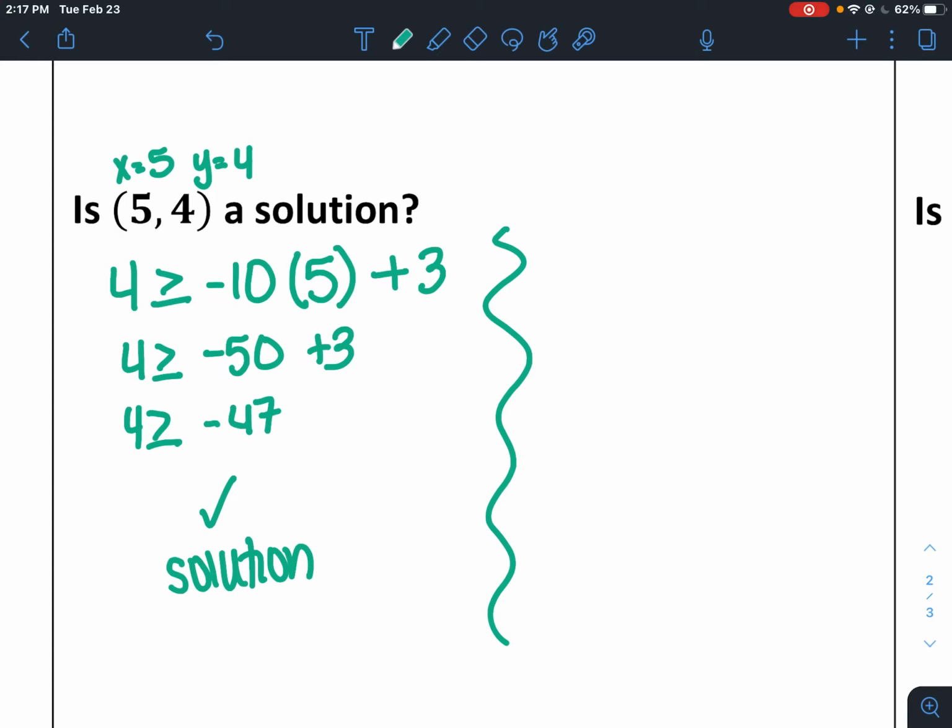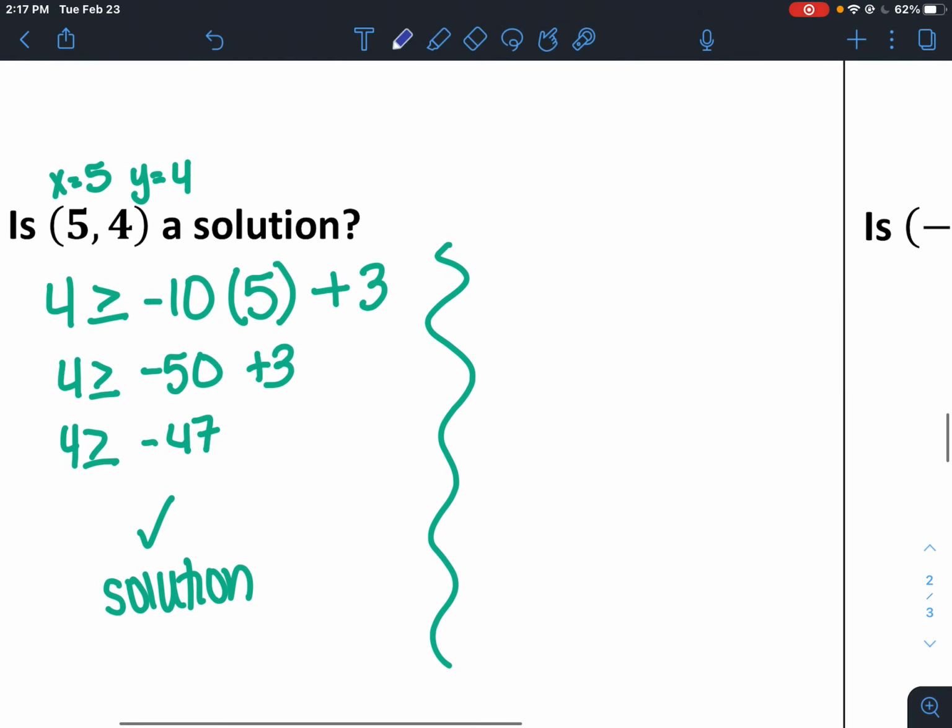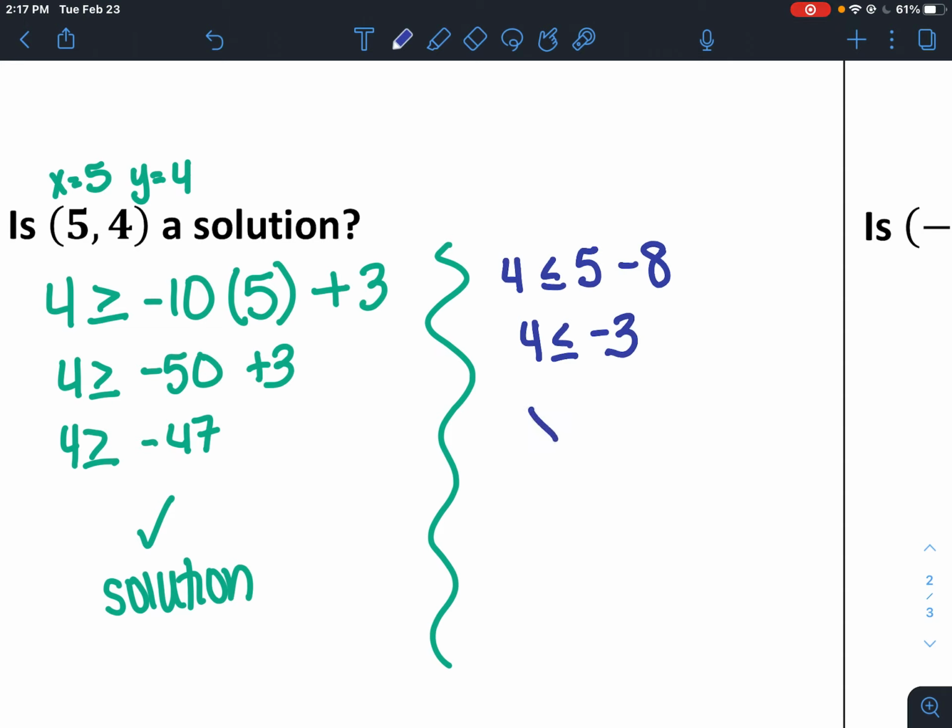Okay, let's look at the other inequality. Again, x and y are the same, so we'll plug in y, which is 4, is less than or equal to x, which is 5, minus 8. So 4 is less than or equal to -3. That is not true, so that means it's not a solution.